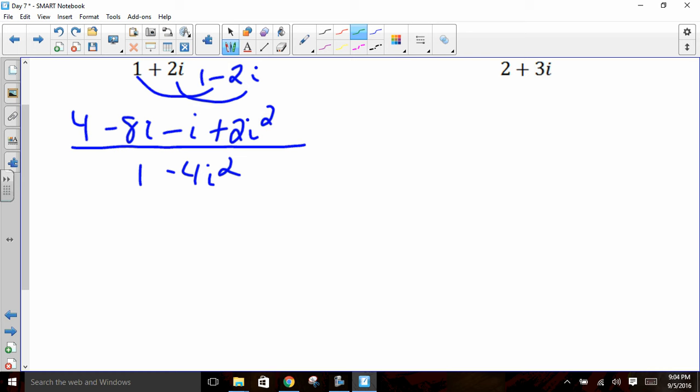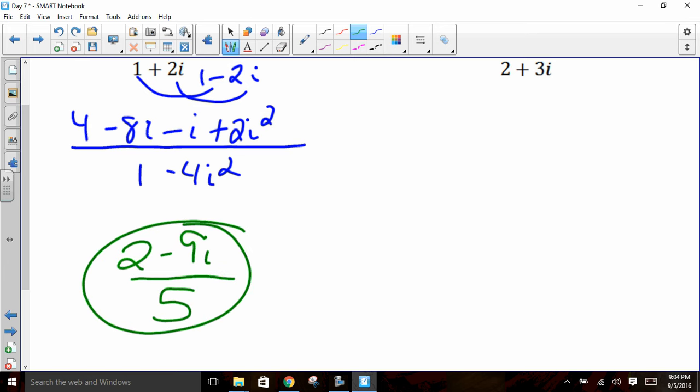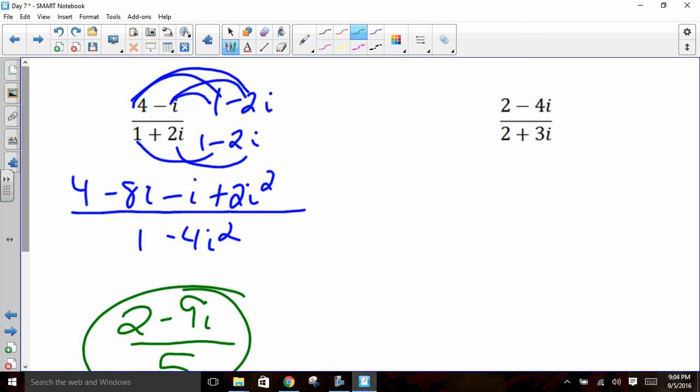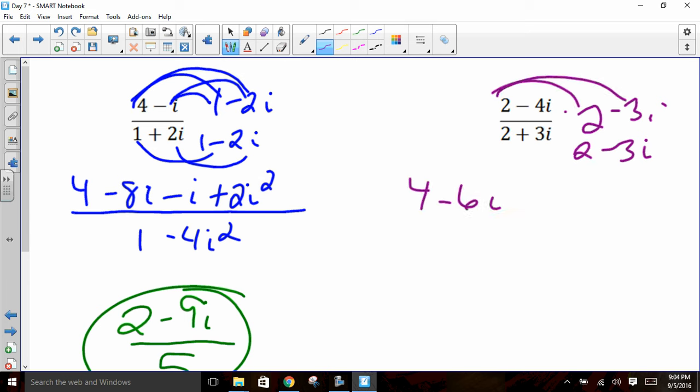Get all my stuff put together. My final answer is 2 minus 9i all over 5. This last one again, multiply by 2 minus 3i over 2 minus 3i. 2 times 2 is 4. Then I get negative 6i.